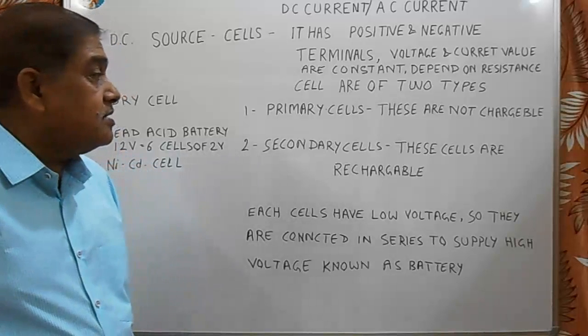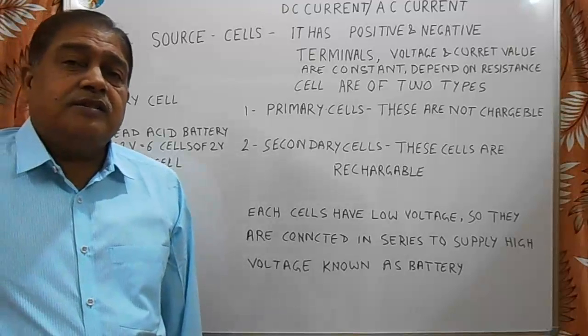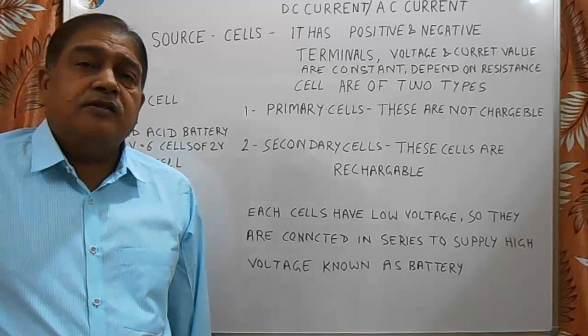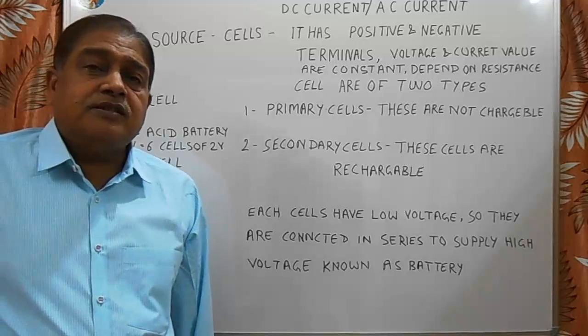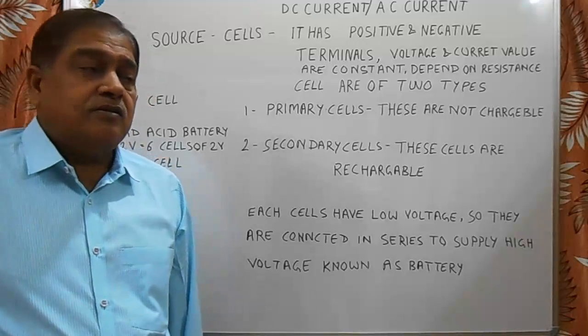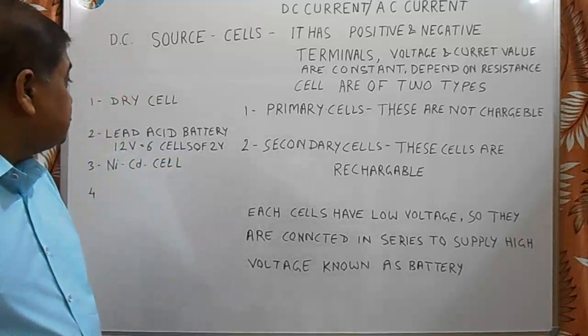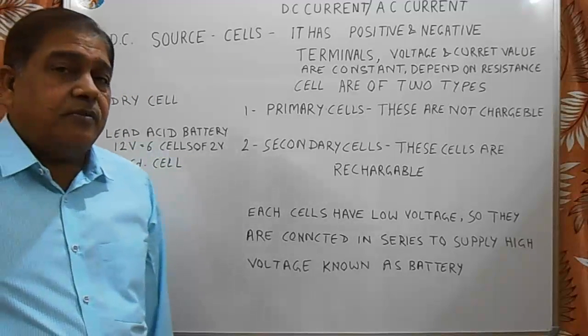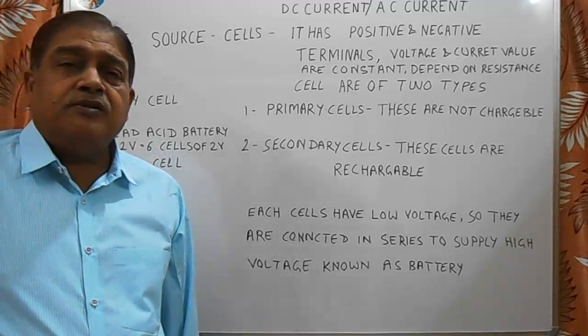Secondary cells are those used in car batteries. These cells give only 2 volt. For obtaining 12 volt, we have to connect 6 cells in series. So the main function of a cell is to supply DC voltage and produce DC current.